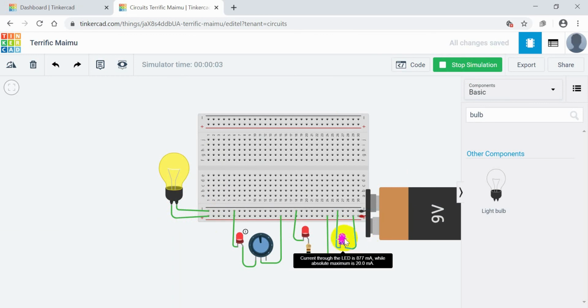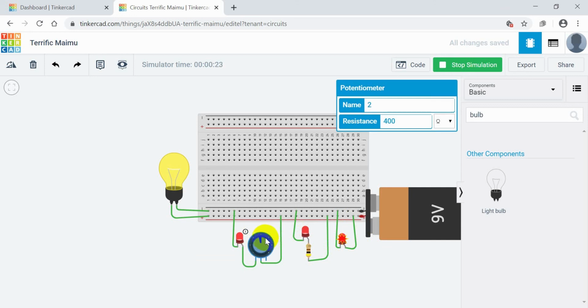So in this, the first LED is always in the damaged condition only. Why? Because there is no current limiting resistor. The second one is always bright because of the current limiting resistor. The third LED will be in a safe condition only when you place the wiper contact at the required position.